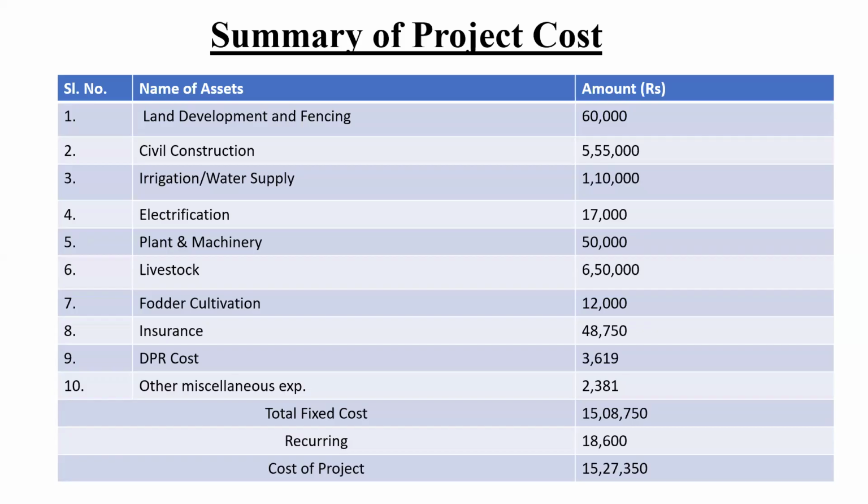Other DPR costs are 3,619, and miscellaneous expenditure will cost around 2,381 rupees. So the total fixed cost is 15 lakh 8,750 rupees with a recurring amount of 18,600. So the total cost of the project will be around 15 lakh 27,350 rupees.